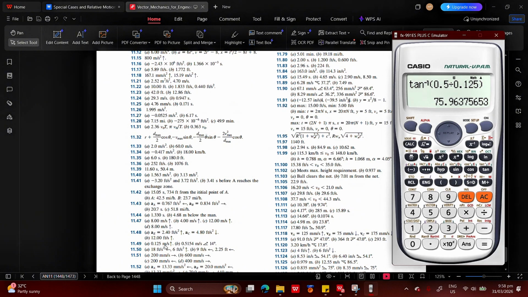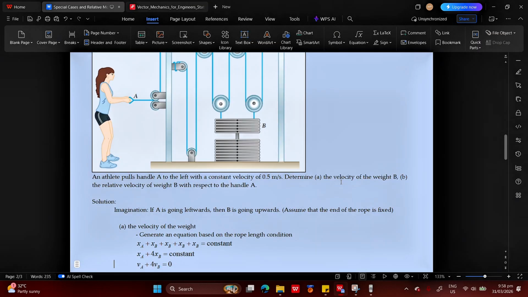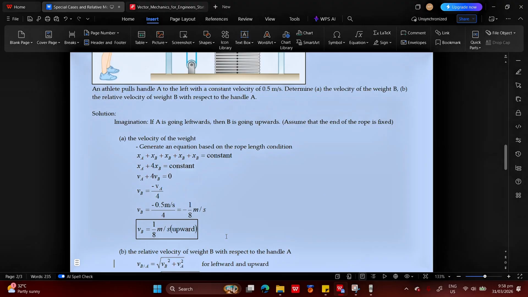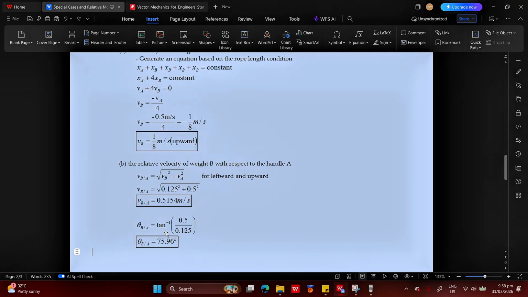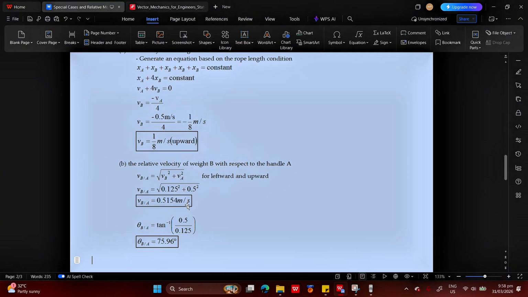Our A is 0.125, okay? So A is 0.125 upward, then this one V_BA is 0.5154, but the angle is 11.49.